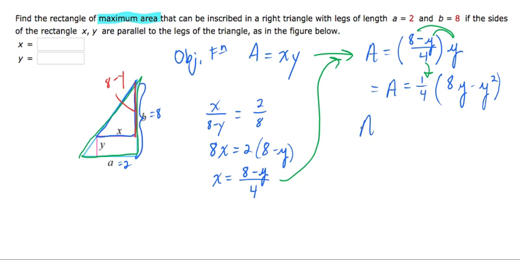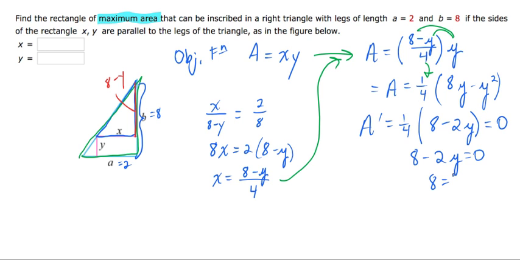That's a good simplified version, so now you can go ahead and differentiate. The 1/4 hangs out front, times the derivative, which is 8 minus 2y. You look for a critical value where that equals 0. Multiply both sides by 4 and that goes away, so 8 minus 2y equals 0, or 8 equals 2y, which gives y equals 4 as the critical value of the function.